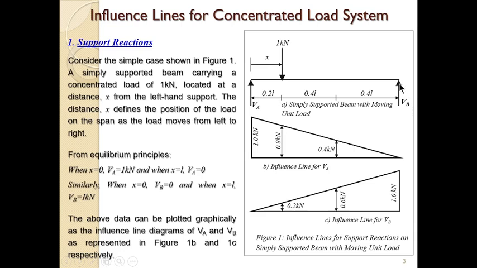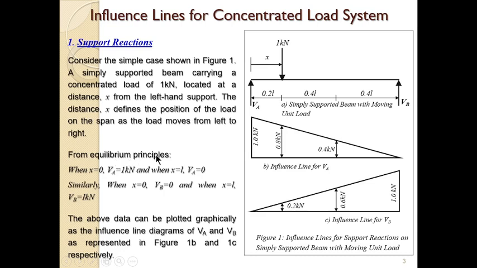That's the reaction at B. VA is the reaction at support A. Let's place a 1 kilonewton load anywhere within this span. So taking our origin at support A, the load is at a variable location. That's why we put X here. X could be anything. X could be 0. X could be L. And so let's start analyzing.